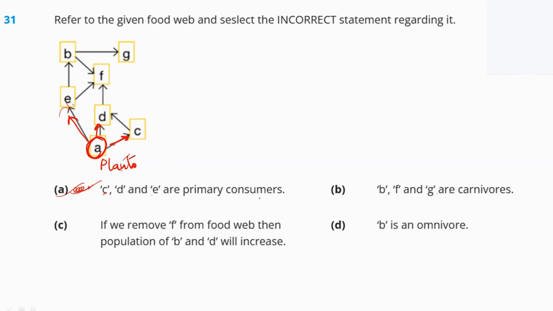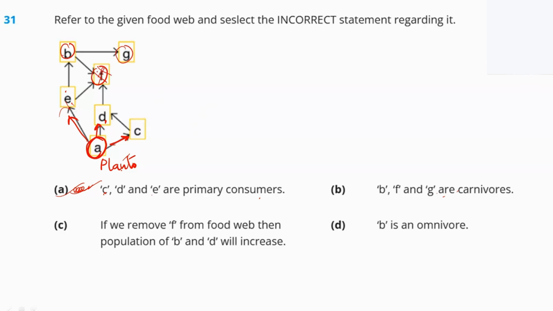Next is B, F, and G are carnivores. Yes, B is eating E, F is eating B, it is also eating E and D, right? And G is eating B. So all these three, B, F, and G are carnivores. So this is also a correct statement. Next, if we remove F from the food web, then the population of B and D will increase.